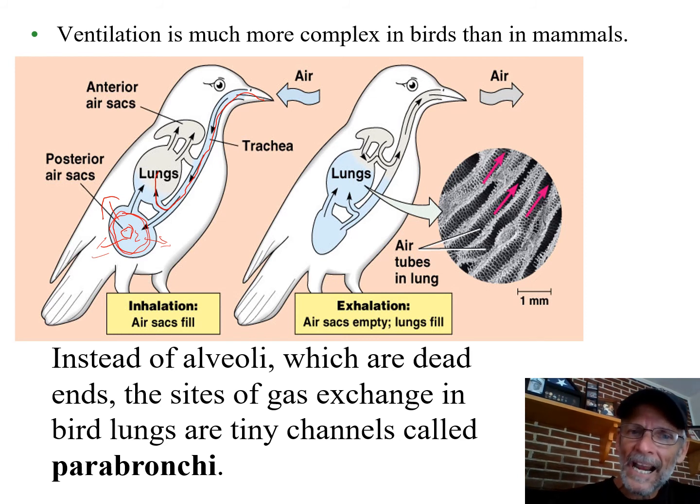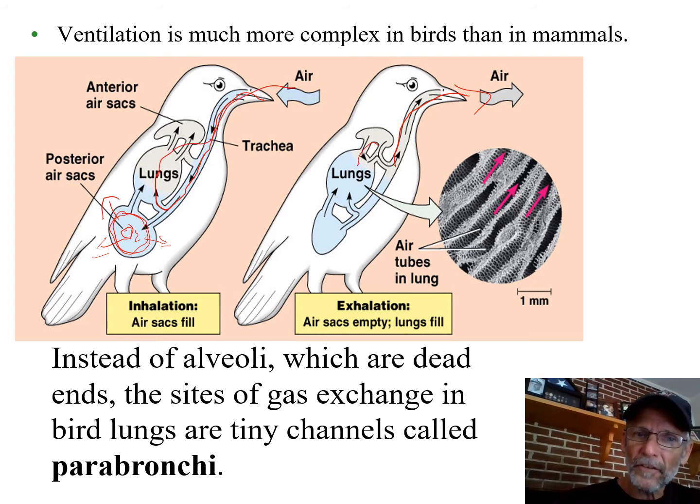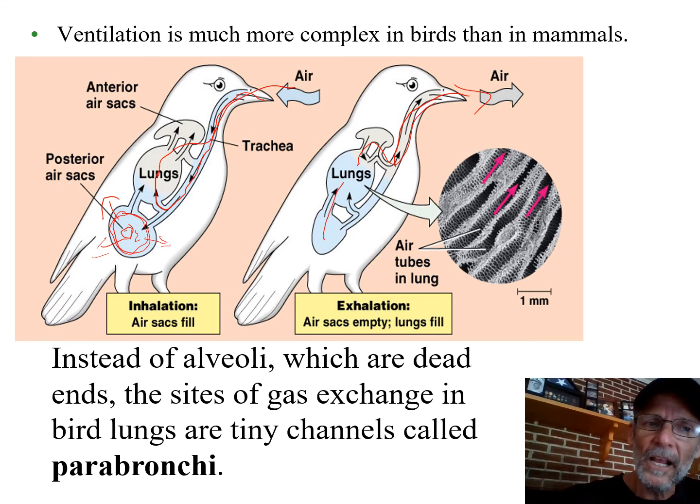And then when they exhale, the air goes out of their lungs, the air that's dropped off its oxygen, and their lungs get a fresh dose of oxygenated air on the exhale, as well as what they got on the inhale. This would be really neat because it's obviously very efficient, okay?